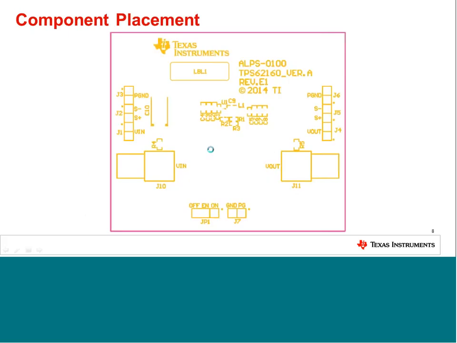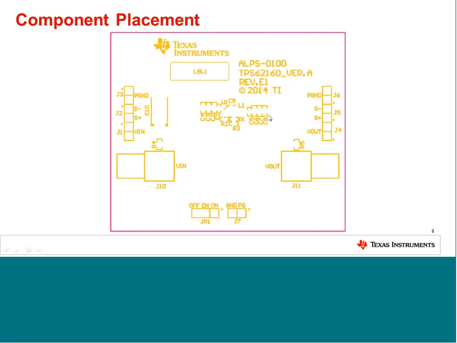The PCB layout examples I'm showing you are all using the same component placement, which you can see on this slide. So you see the capacitor bank on the input with the small capacitor C1 and the 3 bigger ones going towards the input header here.